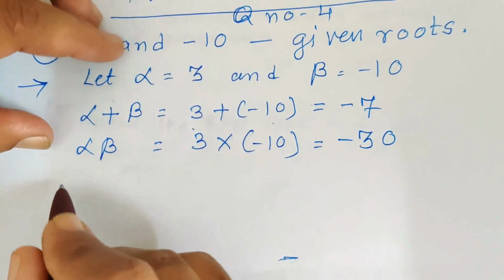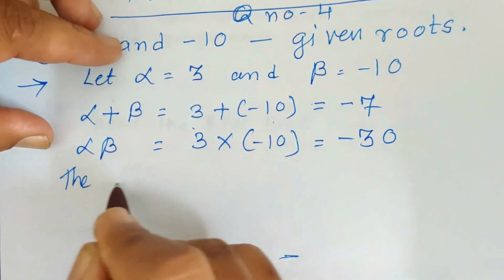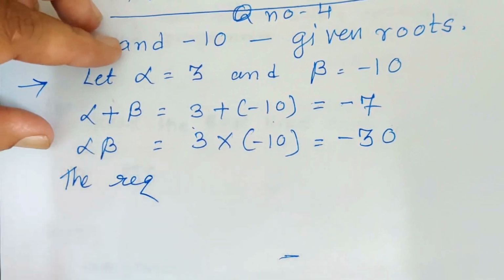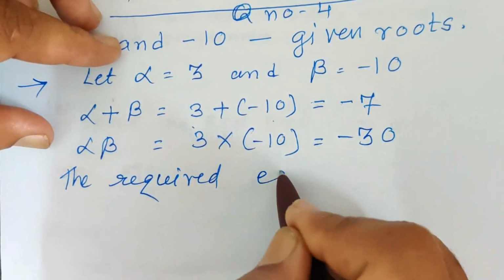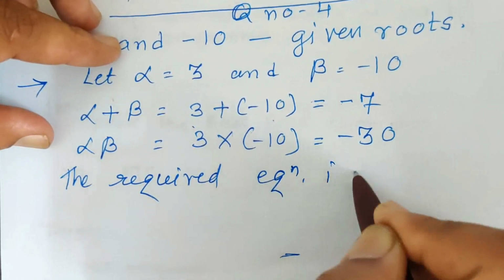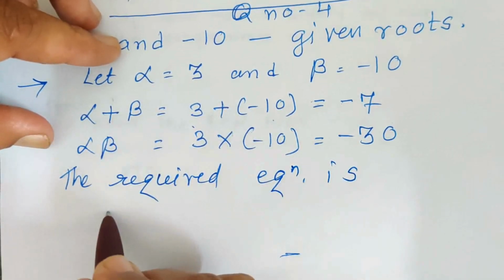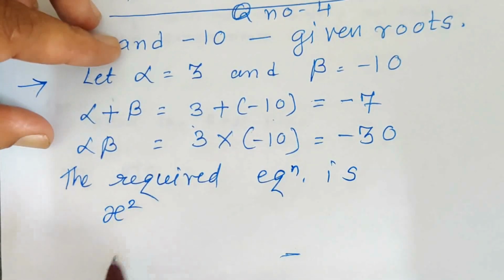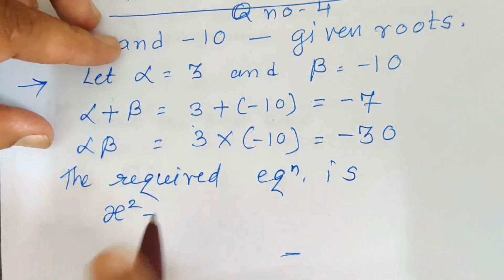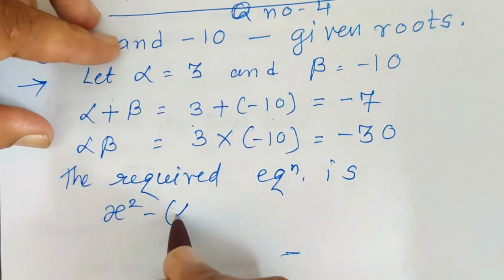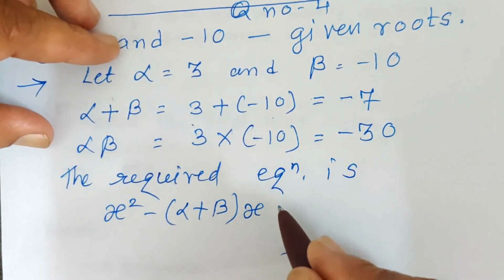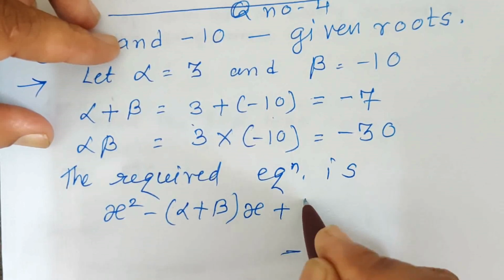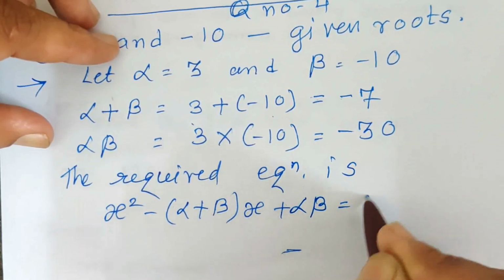So the required equation is, I told you yesterday in the previous video to learn this formula, keep it in mind: x square minus in bracket alpha plus beta multiplied by x plus alpha into beta is equal to 0.